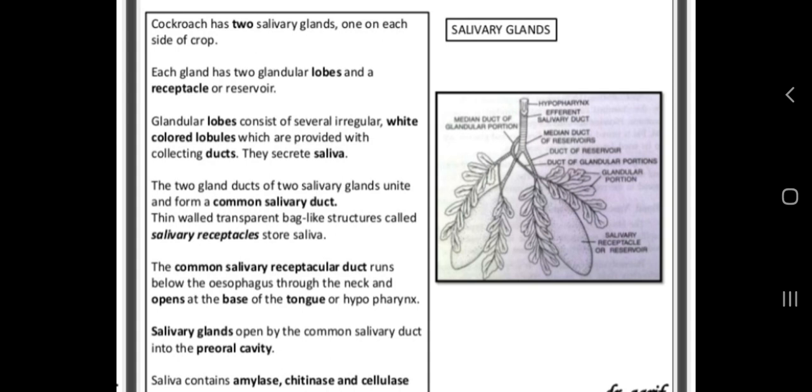Salivary gland opens by the common salivary duct into the preoral cavity. Saliva contains amylase, chitinase, cellulase, etc.